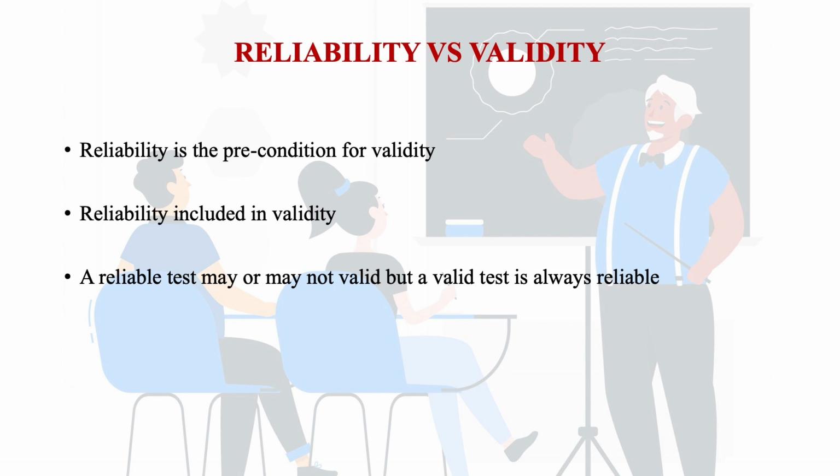Many a time a reliable test may also be a valid test, that means the test fulfills both criteria. And many a time a test fulfills one criterion, reliability, but does not fulfill the further criterion, validity. So this is the relationship between reliability and validity.